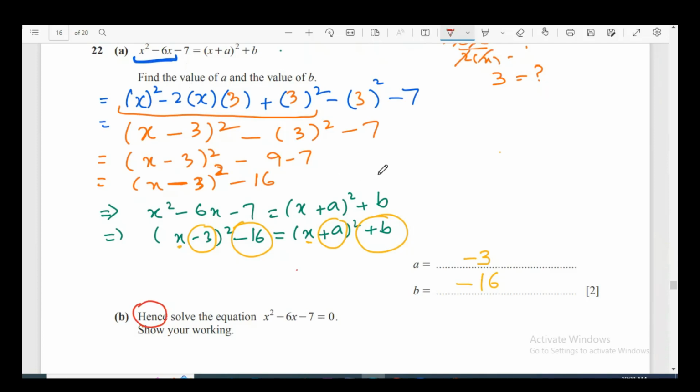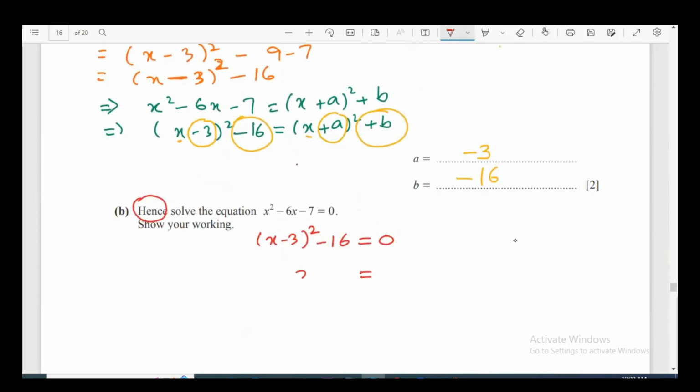So going to write x minus 3 square minus 16 equal to 0 from part 1, because there is the word hence here, the keyword.